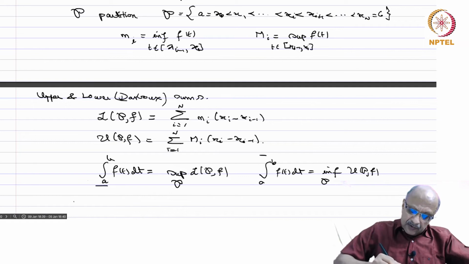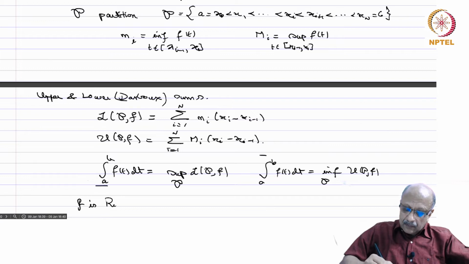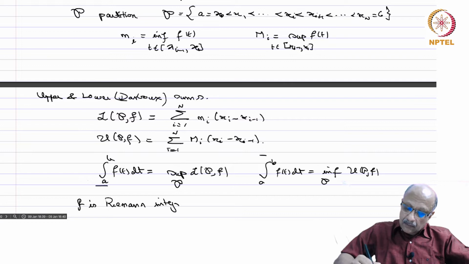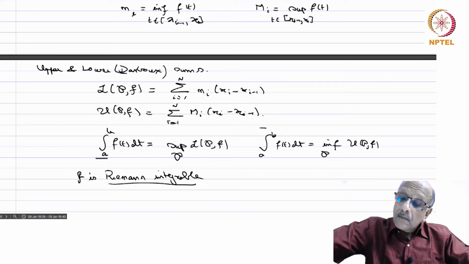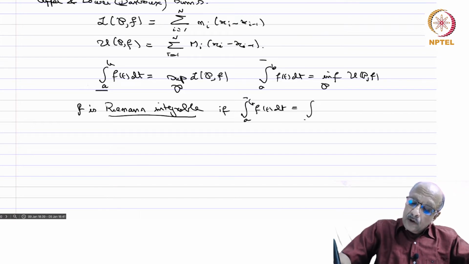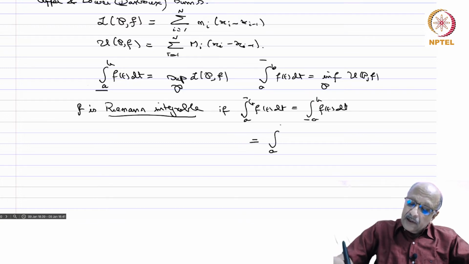Now the function is Riemann integrable if the two are equal. So the upper integral from a to b of f(t) dt is equal to the lower integral from a to b of f(t) dt, and the common value is called the Riemann integral, and this is denoted the integral from a to b of f(t) dt.